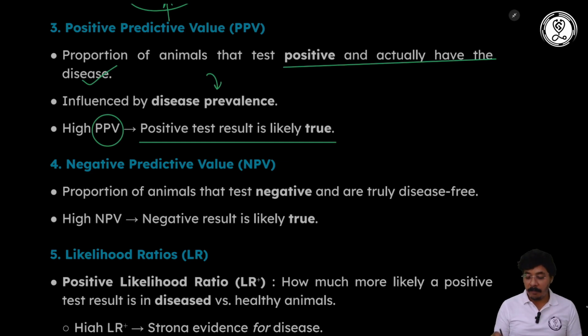For example, if you are screening animals for disease D, when positive predictive value is calculated, it tells you how many animals in that group suspected of disease D will actually be positive for the disease. It is usually dealing with the prevalence of the disease. So whenever the test gives you a high positive predictive value, the test results are likely to be very true.